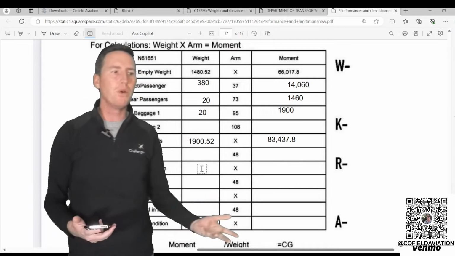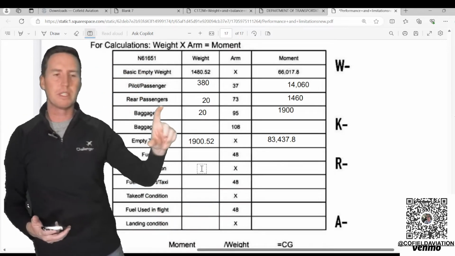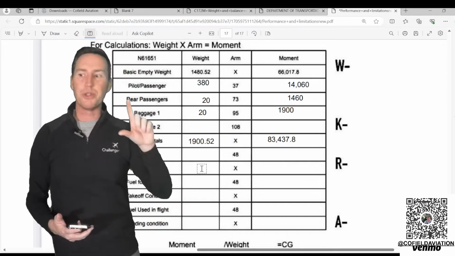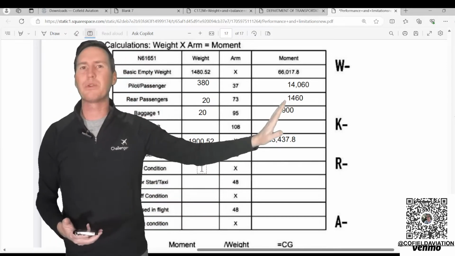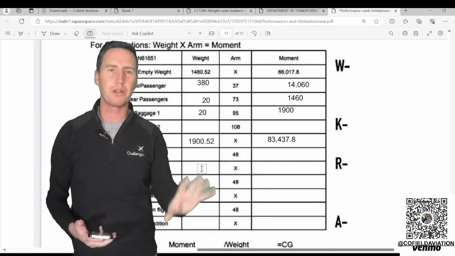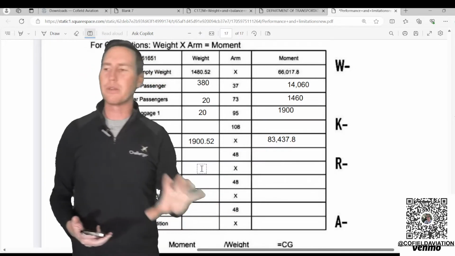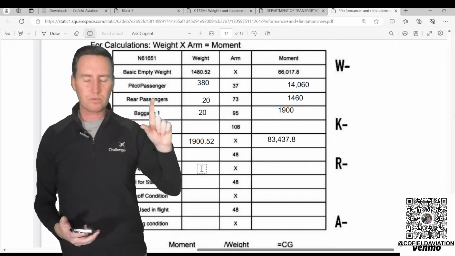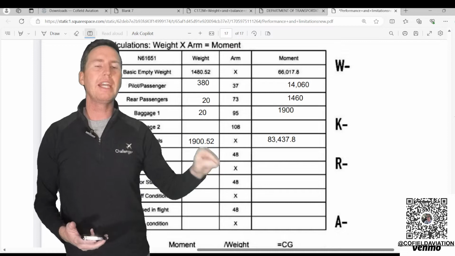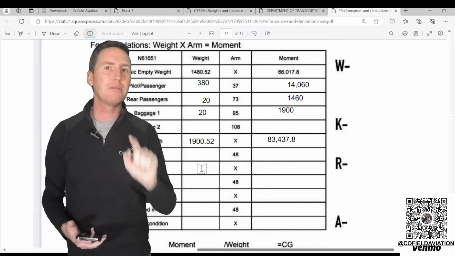All right, so fuel, we have that little dipstick in the back of the airplane. That is usable fuel. We don't care about total fuel. Nobody cares about total fuel. All we care about is usable fuel. We have 38 gallons usable, and that's all we care about. So when we use that stick in the airplane, what we're getting is usable fuel. That's an important one.